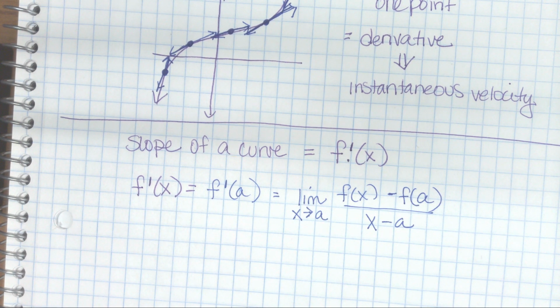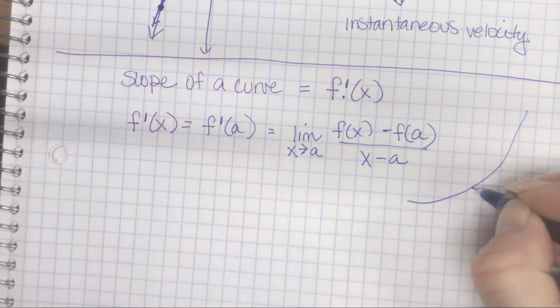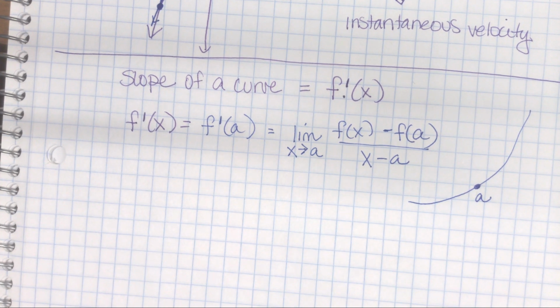Now I'm going to put a couple different formulas up here for you, and then we're going to look at one of them. Let's say here's my curve, here's my point A, and remember how I said I wanted x to be really, really close to A?